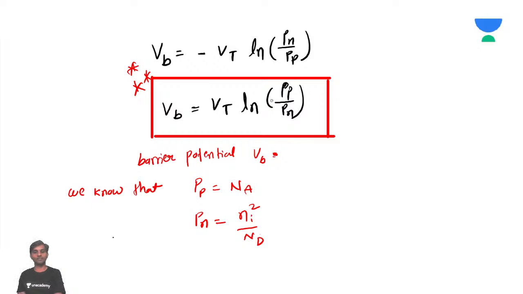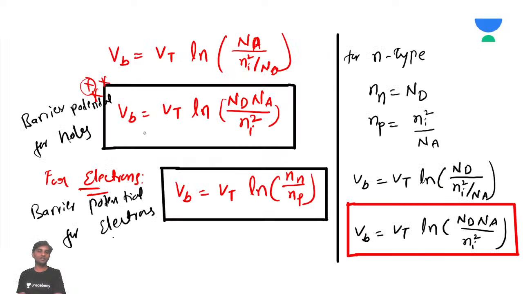This is the formula which we got. PP is nothing but the acceptor concentration NA, and PN is nothing but ni square by ND. If we substitute both of them, VB is going to be VT into ln of ND NA by ni square. For electrons, VB is going to be VT into ln of NN by NP.